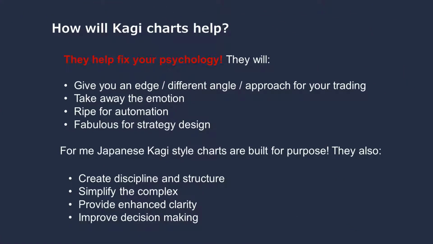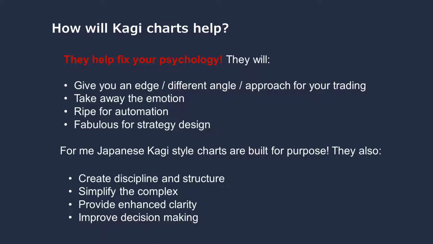Let's summarise how Kagi charts can help us. Well, we're starting to see how they could possibly aid our trading psychology, but they're going to help give you an edge, a different angle approach to your trading. They're going to take away some of that emotion, and I've found them a great tool for being automated if you've got those skills, and very useful for coming up with simple, effective strategies.